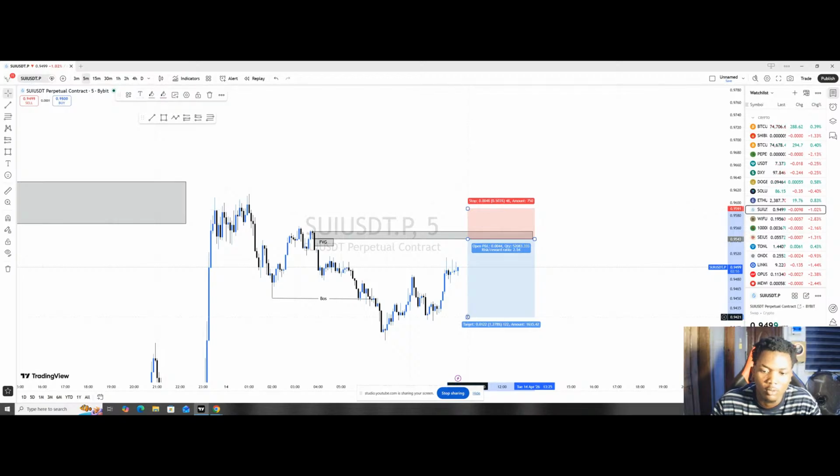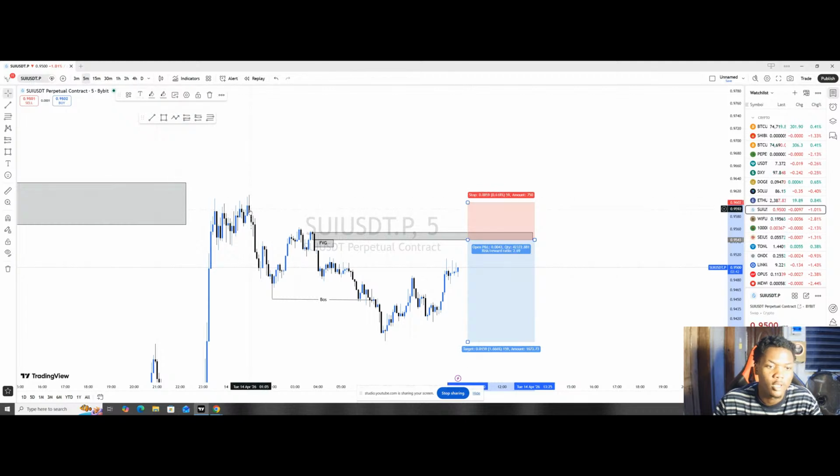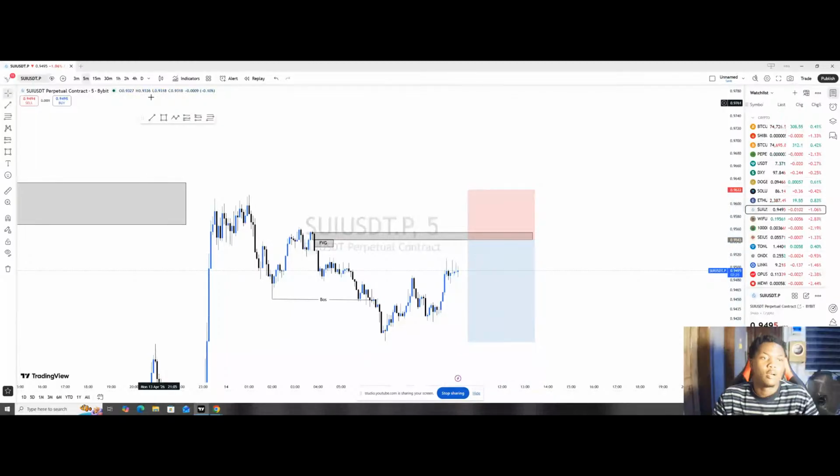Now I'll take profit again for this one. To be on the safer side, I'm going to want us to take our sell from this other block, but let's take the sell from this. So now I'm going to put our stop loss a little bit above this block.